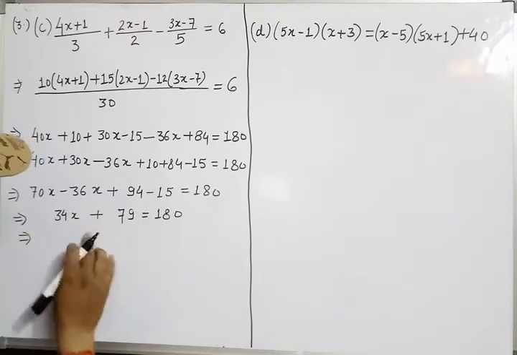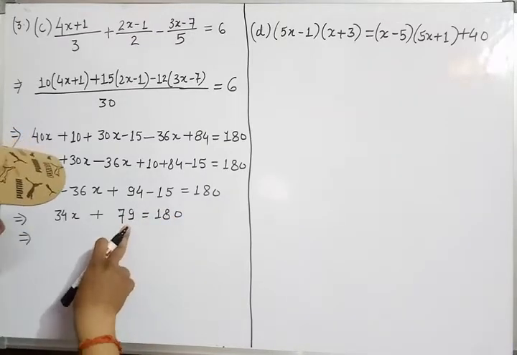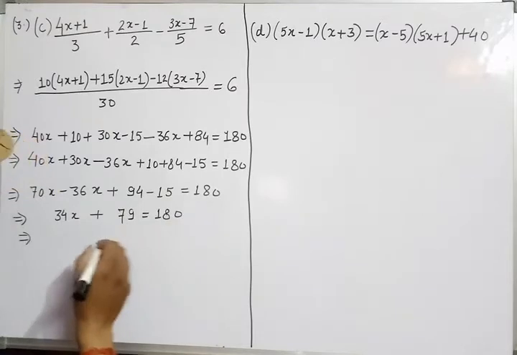Now we have to apply the transposition method, so we have to shift this 79 to RHS.